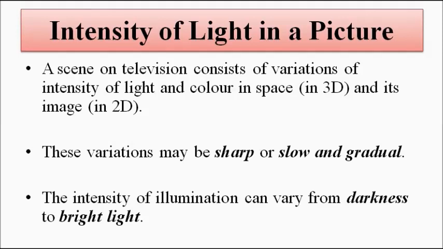These intensities are used to give various special effects. The intensity of illumination can vary from very bright to very dark. This is what we are trying to understand in terms of intensity of light in a particular picture frame or image.